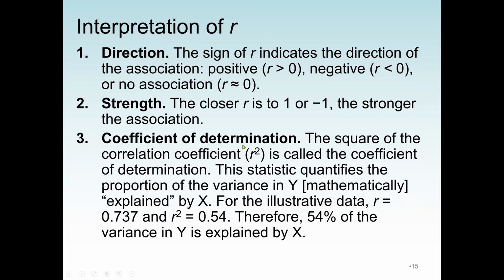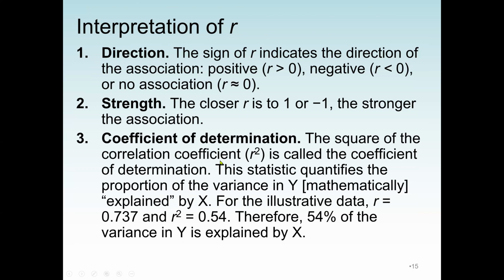Now, the coefficient of determination is another special concept that we find. For example, when we get the R value, we can find the coefficient of determination, which is the square of the correlation coefficient.